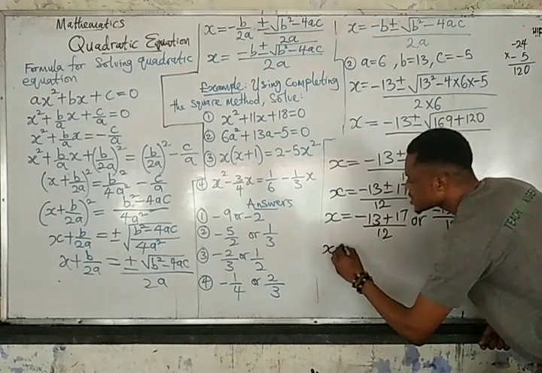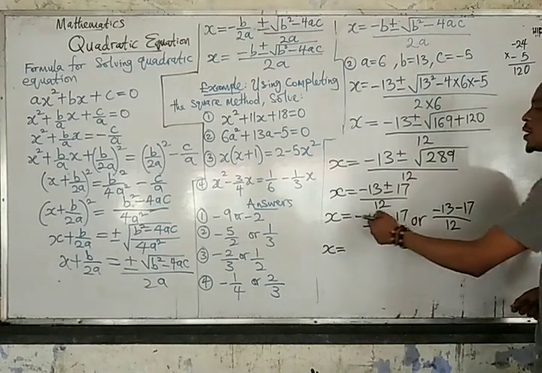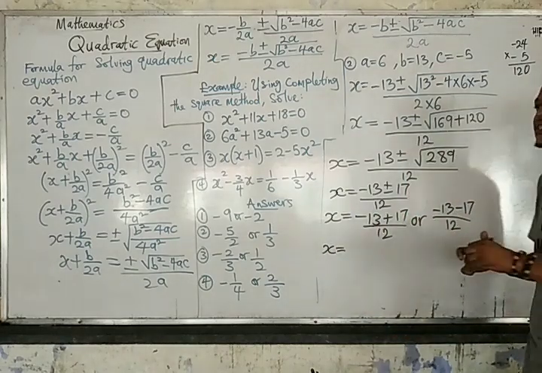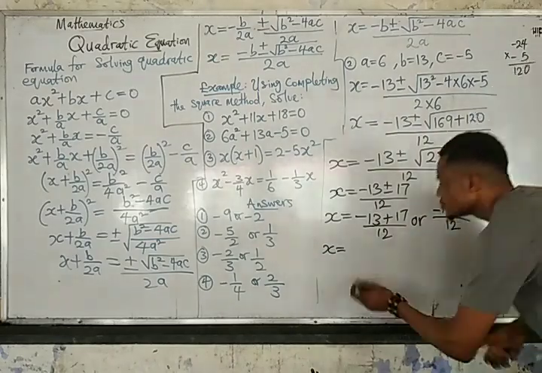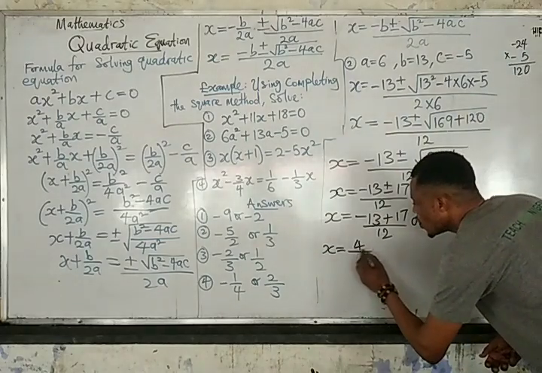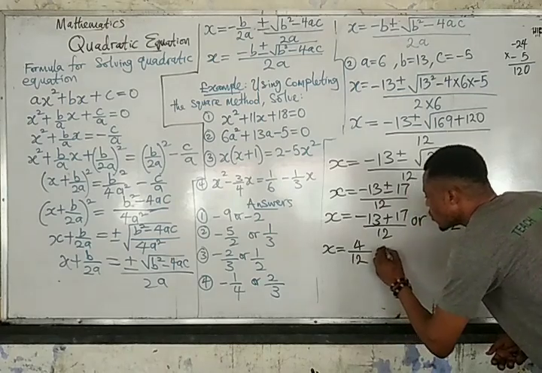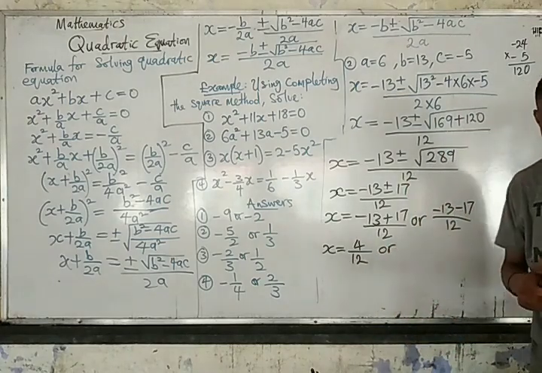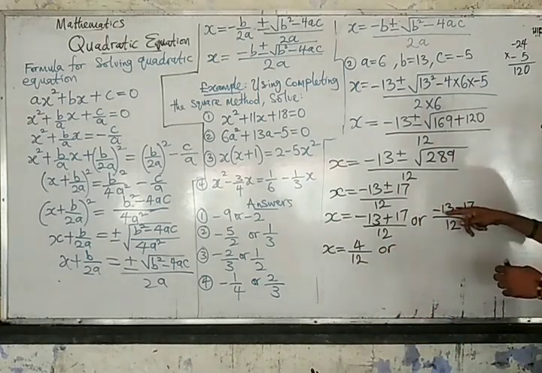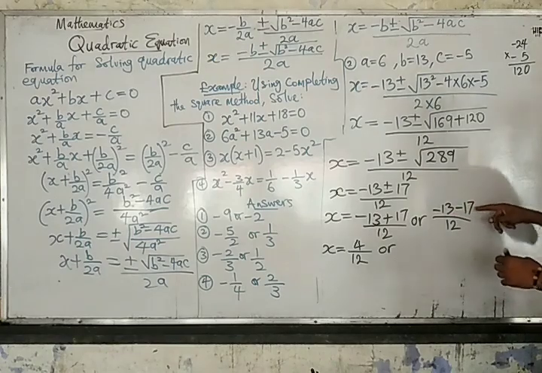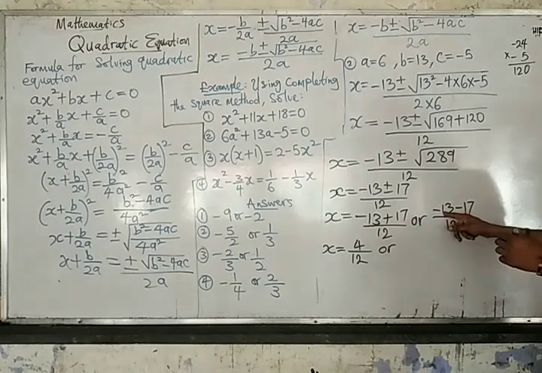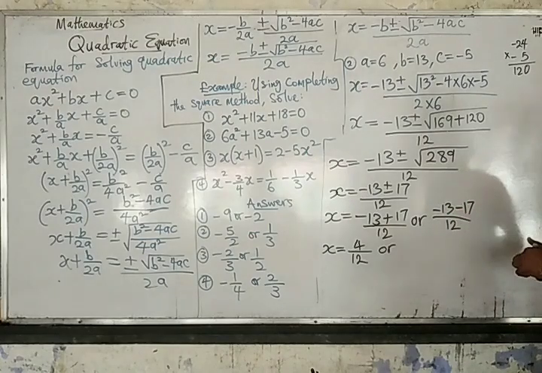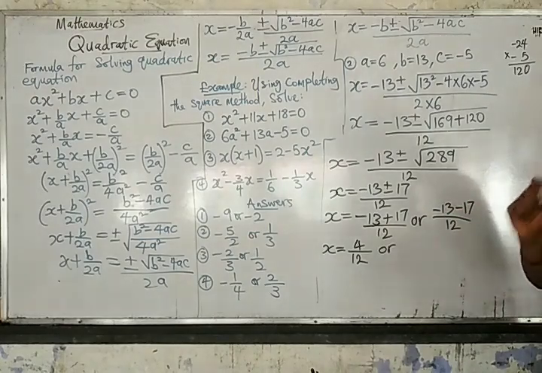So the x is going to be equal to minus 13 plus 17. You owe 13, you have 17, we have 4. We have positive 4 all over 12. Or the x gives us minus 13 minus 17. We are owing 13 and we are also owing 17. This is going to give us minus 30.